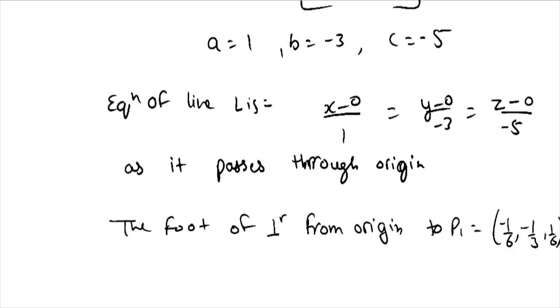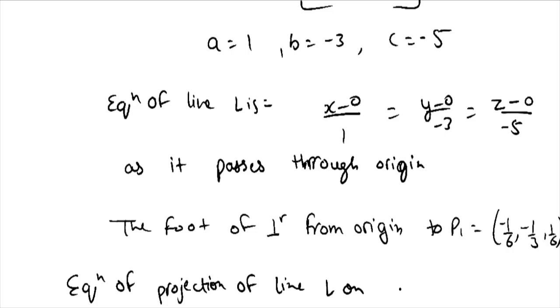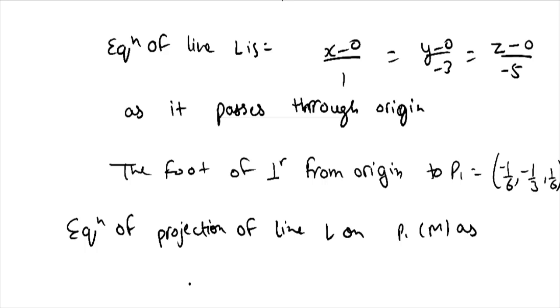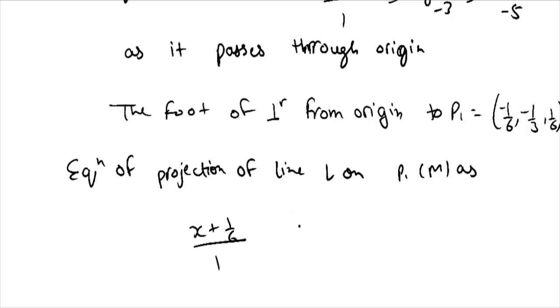So now the equation of a projection of the line L on our plane P1 is at point M, as we have x plus 1 by 6 divided by 1 is equal to y plus 1 by 3 divided by minus 3 is equal to z minus 1 by 6 divided by minus 5.